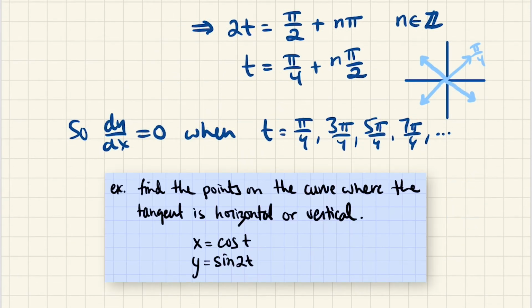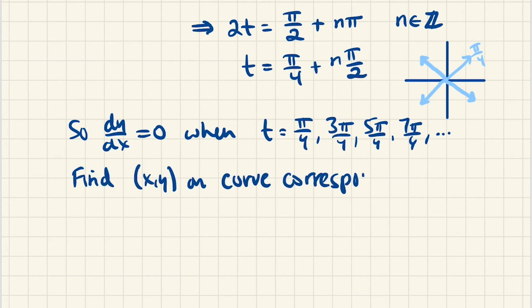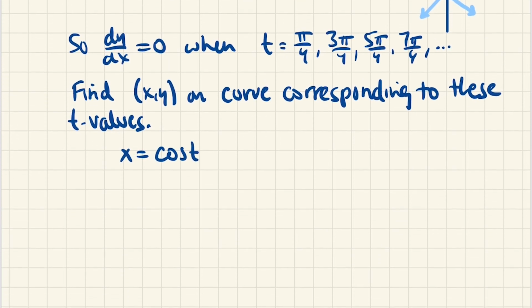Now, the original question asked to find the points on the curve, so meaning specifically the xy pairs. So we have the t values here, but we actually need to find the corresponding x and y values. Okay, well, recall that x is equal to cosine of t.